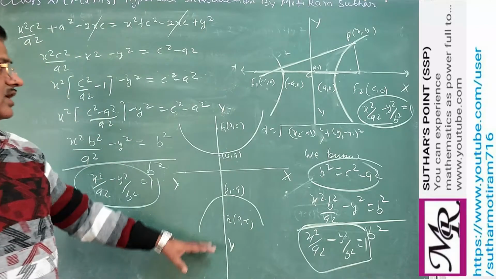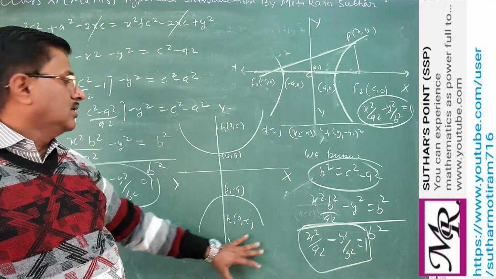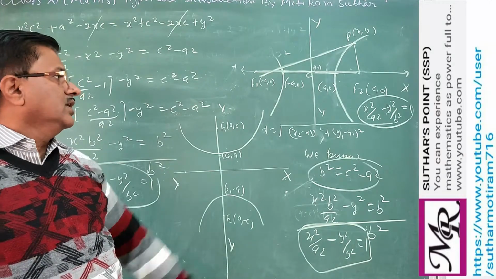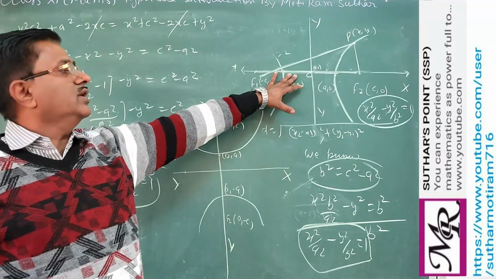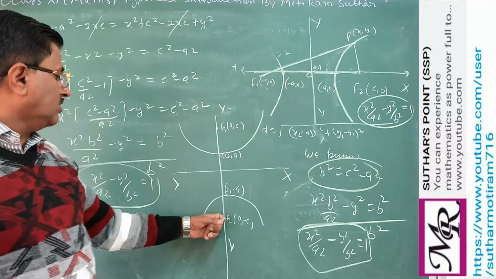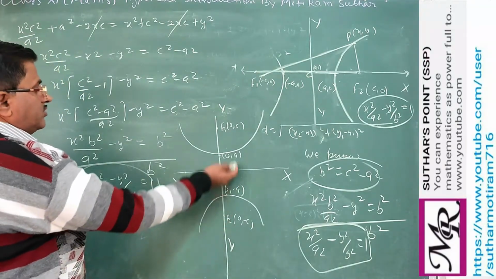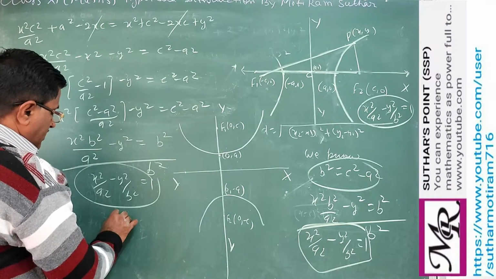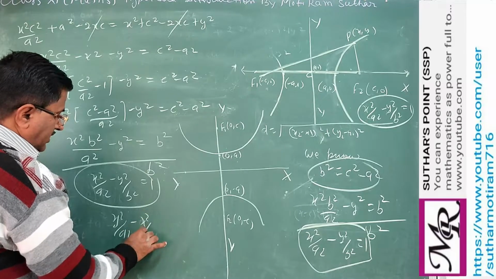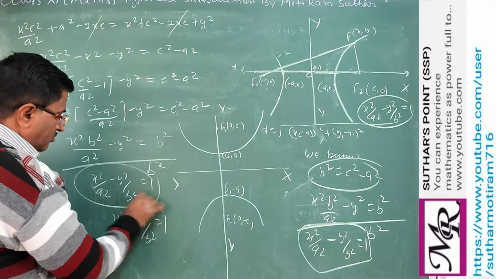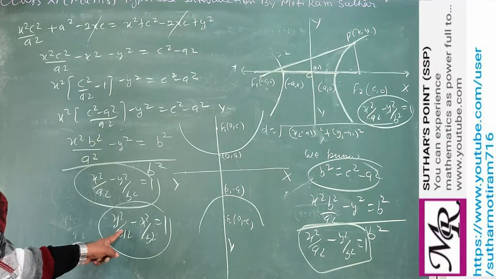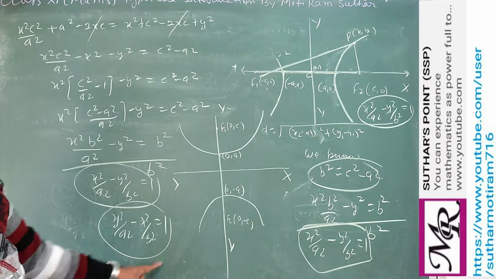So this is the second type of hyperbola, whose transverse axis is along the y-axis, while the first has its transverse axis along the x-axis. Clear? Now the equation of this, if you derive it by a similar process using the same formula, will be y square upon a square minus x square upon b square equal to 1. This is the formula for the second type of hyperbola.